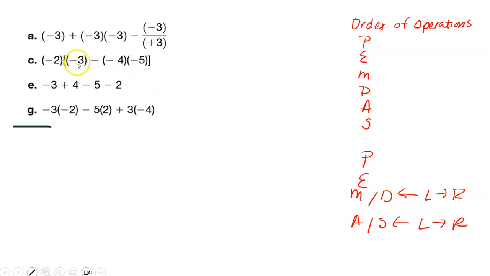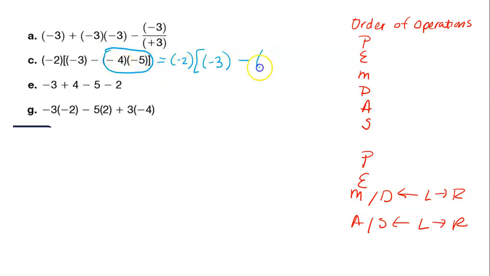Okay, for C, we've got some symbols of inclusion with brackets and parentheses. So whenever we have that, we start at the middle of wherever those are. So this negative 2 is just going to hang out for a second. And then we have a bracket, and I have a negative 3 minus, I'm going to do this multiplication first.